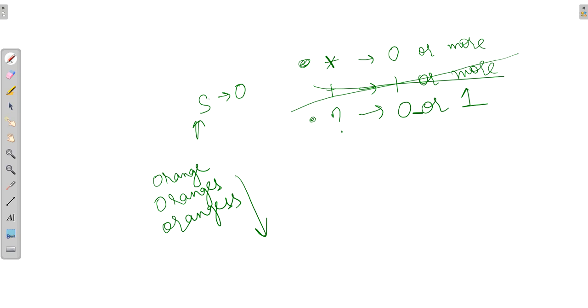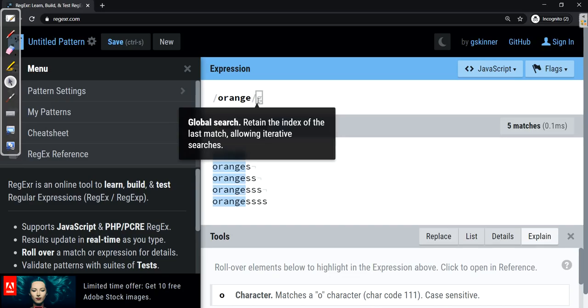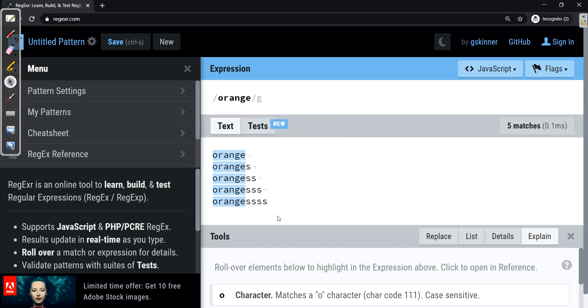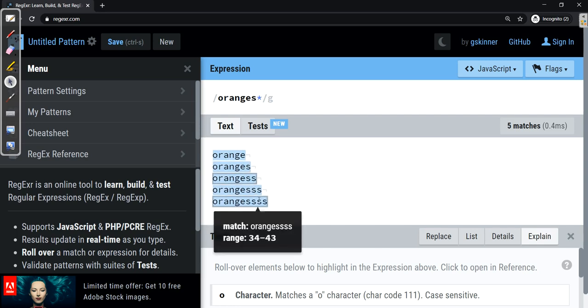But my choice is more than 1. So I'll go for asterisk over here so that the S probability in oranges can be 0 times or more times. So here I can write S asterisk so that it will match all the words in a string.